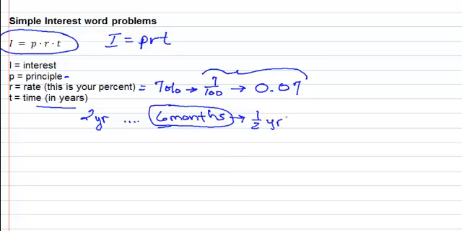You could look at that either from the fraction perspective or from the decimal perspective again. So a half is, of course, 0.5. Either one of those would work. So your first job is to write down the formula, label everything, and make the translations that you need to, and then the math is easy.